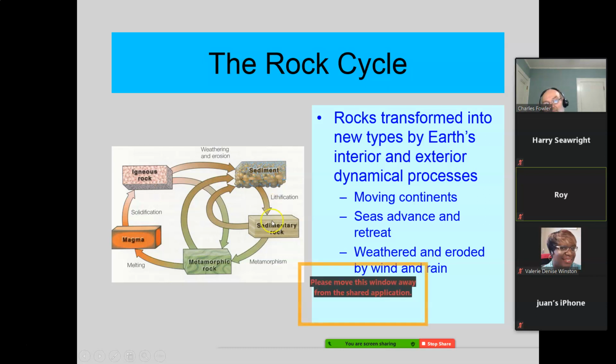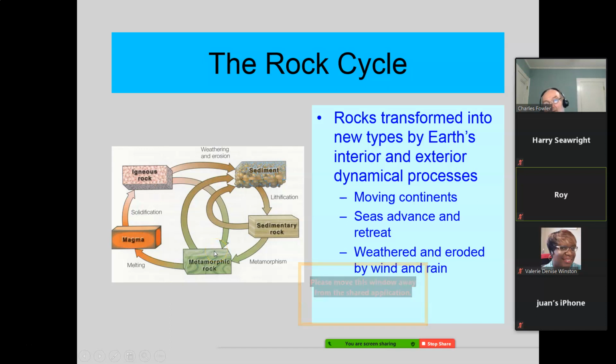Okay? That's down here. Or that igneous rock could undergo, as Harry said, a lot of pressure and temperature and time, and change into metamorphic rock.